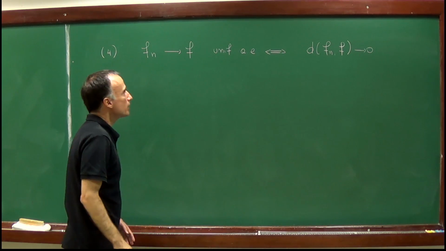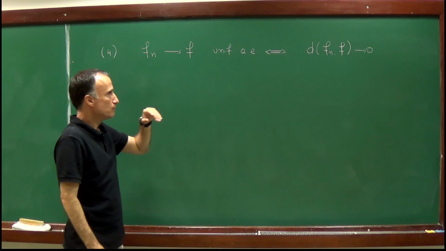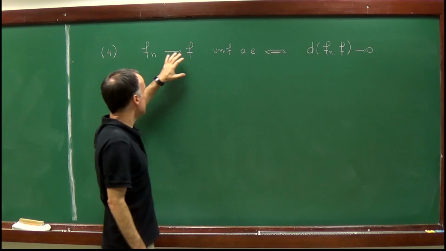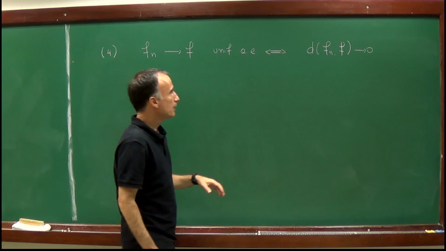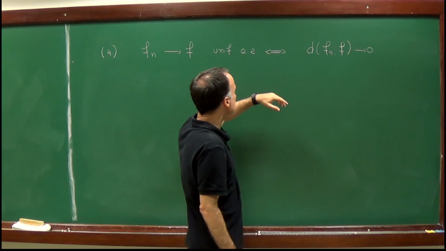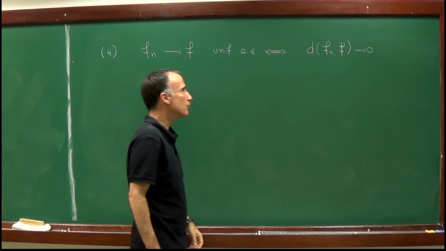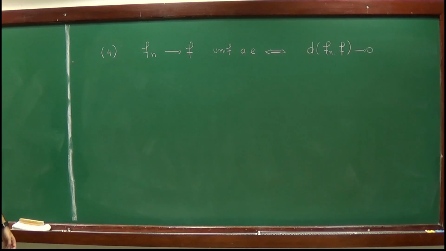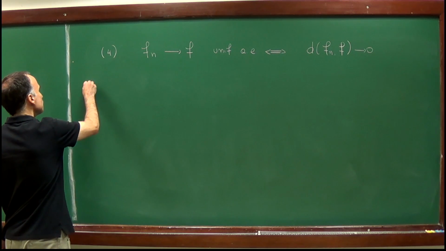So what we did is that once we prove that, we will have the fact that the topology induced by this convergence is metrizable, which means that there exists a metric such that the convergence happens if and only if the distance goes to 0. So we introduced the distance which corresponds to the topology induced by this convergence. And so let's prove that.